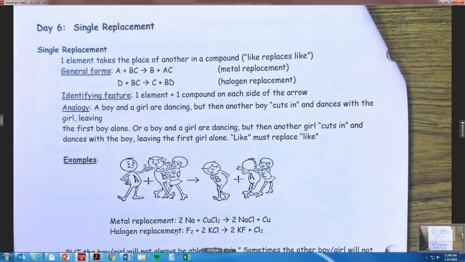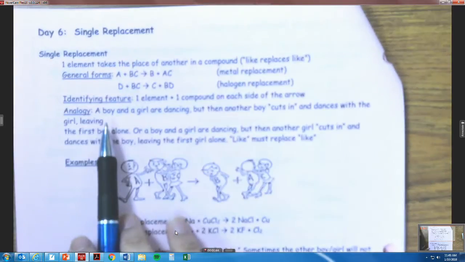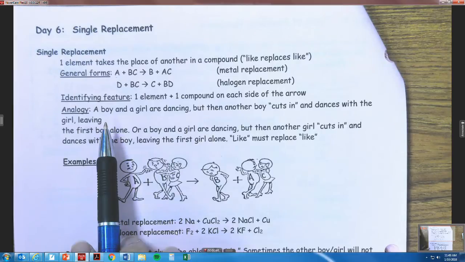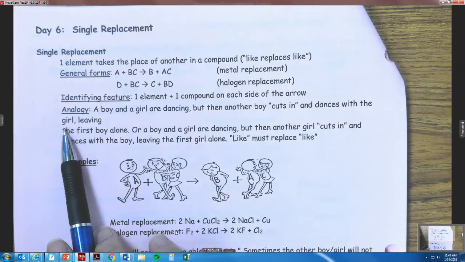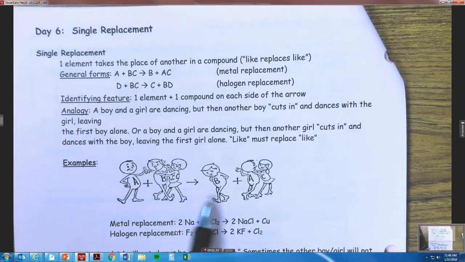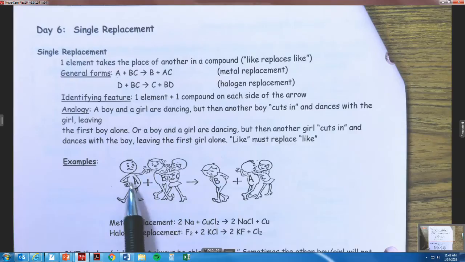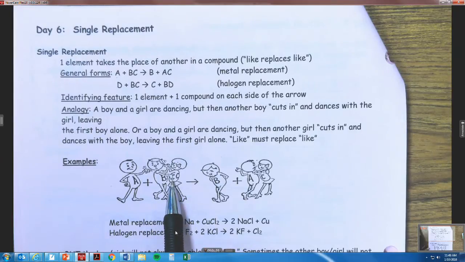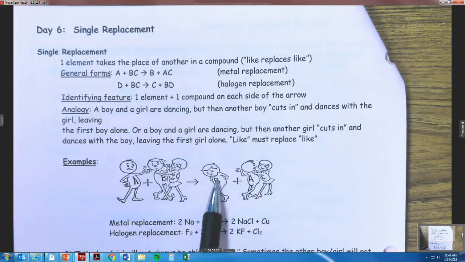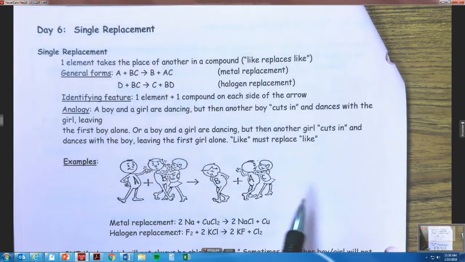Your analogy is that a boy and a girl are dancing, but then another boy cuts in and dances with the girl, leaving the first boy alone. That's what we see here. A boy and a girl are dancing, but he wants to cut in, so B is going to switch places with him so that guy can dance with the girl.